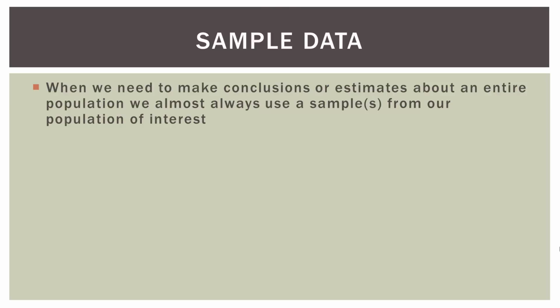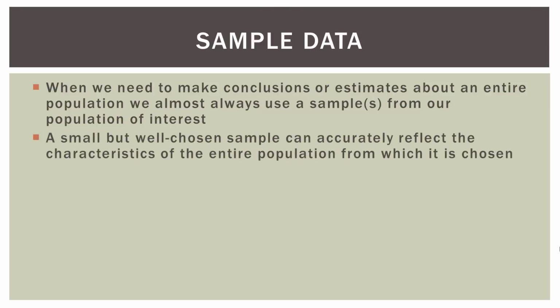But we're only going to use a sample. Now, a small but well-chosen sample, that's very important, a well-chosen sample can accurately reflect the characteristics of the entire population from which it is chosen.